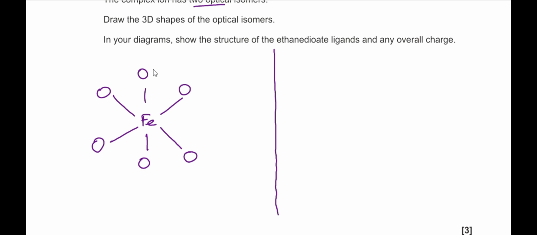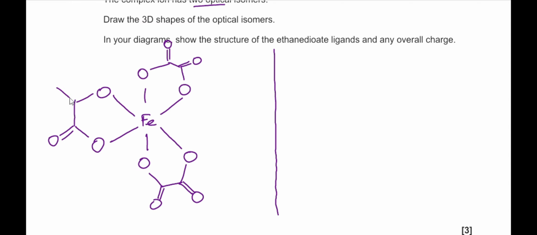Now think about the ethane dioate ion. So here, you have got a line here. Double bond O, double bond O. Similar structures here also. Okay, now convert this into wedges.